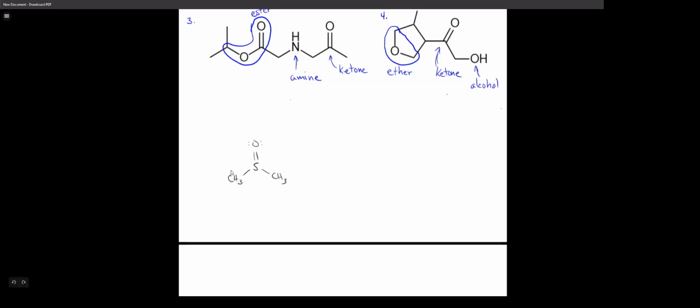Because if there's no formal charge on sulfur, right, there's no charge here, what's the valence of sulfur? 6. 6 minus 4 bonds. See, that doesn't work because then you'd have a +2 charge, right? So even though everybody leaves it out, what is there that you're not seeing?